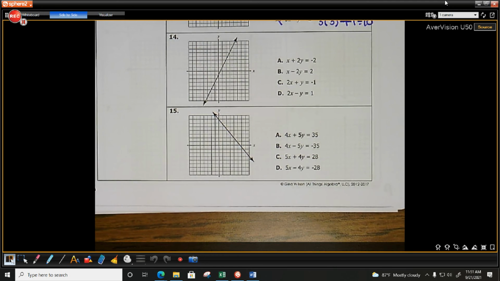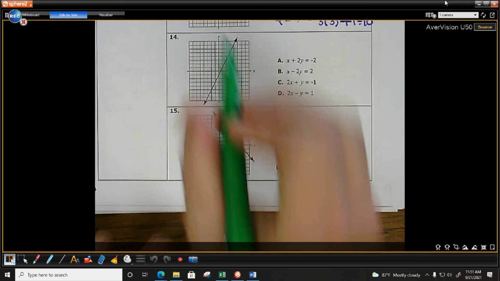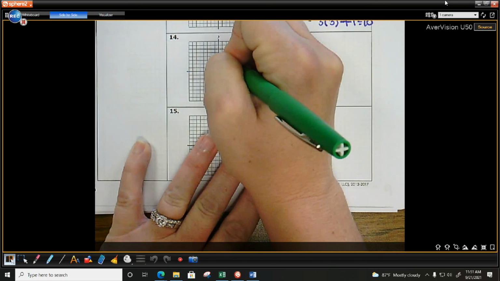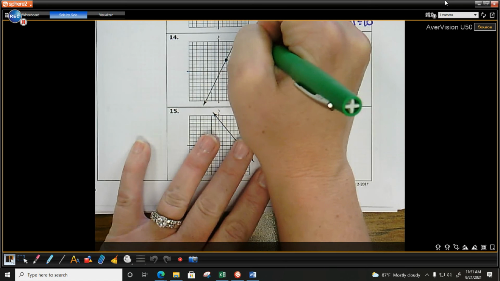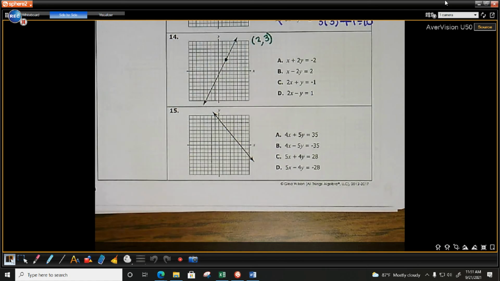Jasmine, tell me a point that is on the line. 2, 3. Do we all agree 2, 3 is on the line? Yes, it is. Good job, Jasmine. If you picked a different one, is that okay? Yes. But we're going to use Jasmine's point.